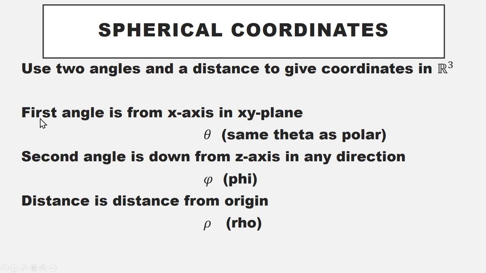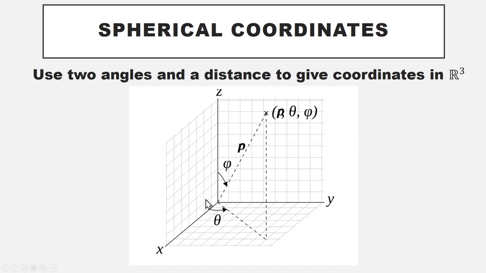If we look at a picture, I didn't draw it perfectly, but let's say we have a point in three-dimensional space up here. What we're going to do is we're going to get an angle in the xy plane. That's our theta. Our rho is going to be a straight shot from the origin to the point.